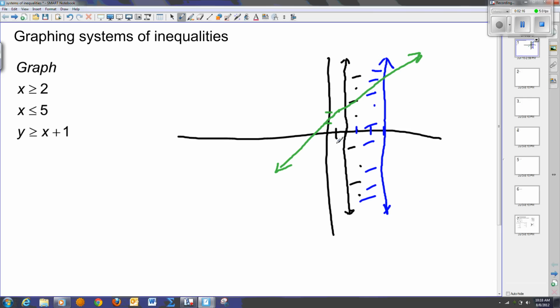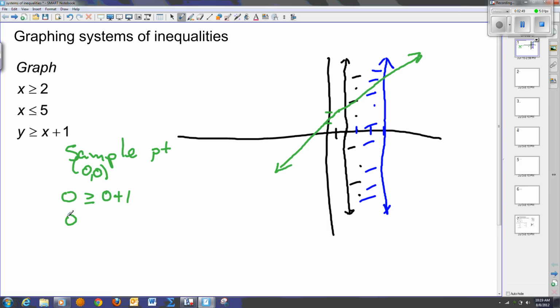Now in this case, if we want to shade it, what I do is find what's called a sample point. A sample point is any point in the xy coordinate grid that you want to choose to test. I usually choose the point 0, 0. When I plug 0, 0 into this inequality, I get 0 is greater than or equal to 0 plus 1.